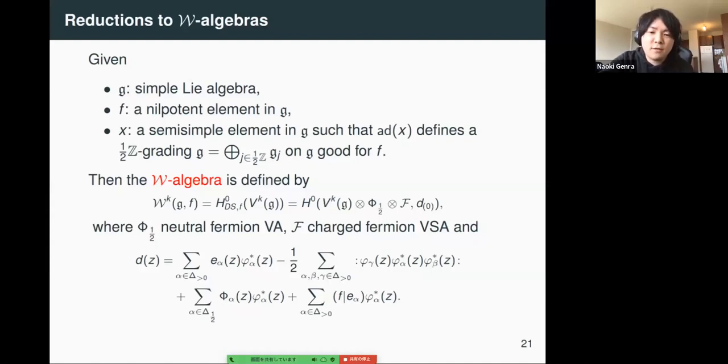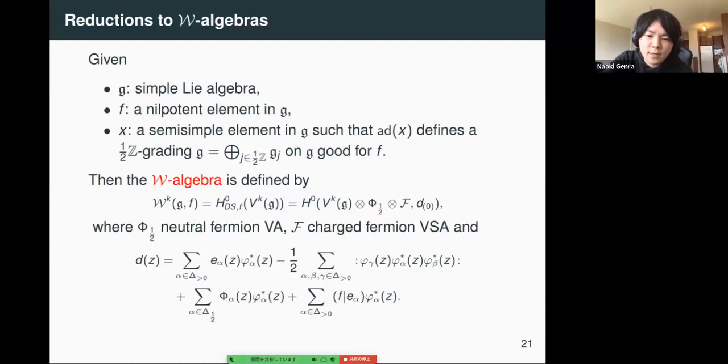Really it's defined by the BRST cohomology of V^k(g) tensor Phi tensor F with respect to some d. Phi, large Phi, is a neutral fermion vertex algebra, and in the Lie algebra case it is just some beta gamma system. And F is a charged fermion. This is just a vertex algebra. And d is defined by the last line. E alpha(z) comes from Phi one.